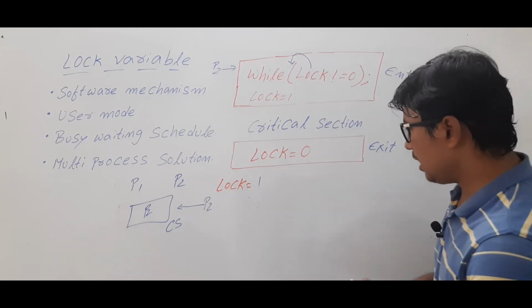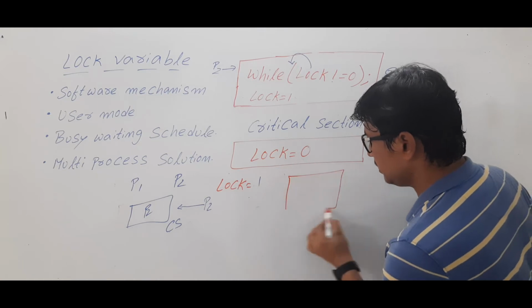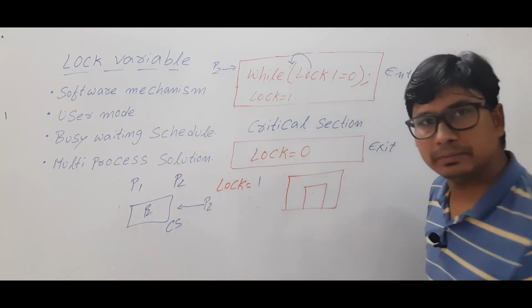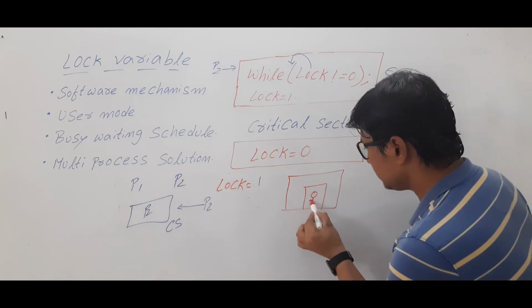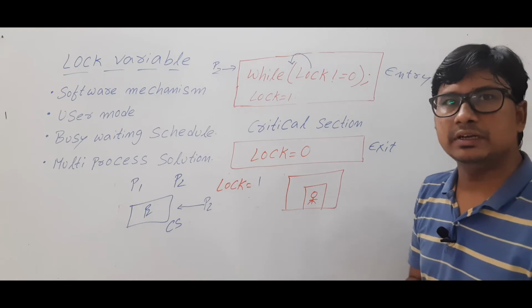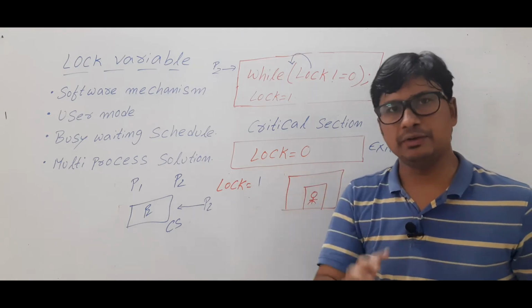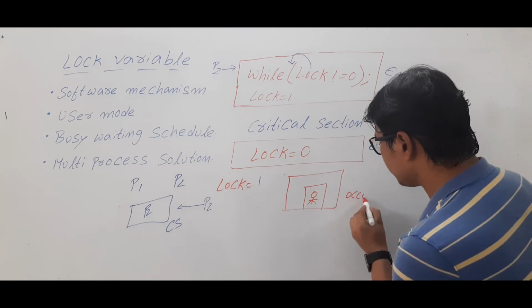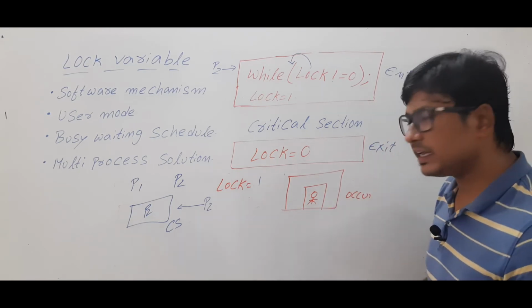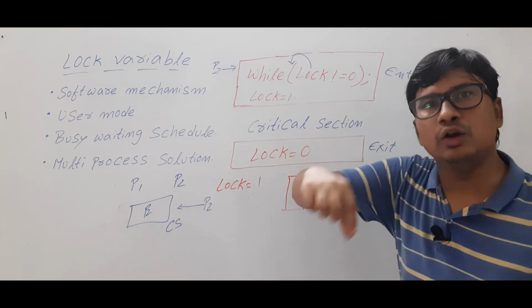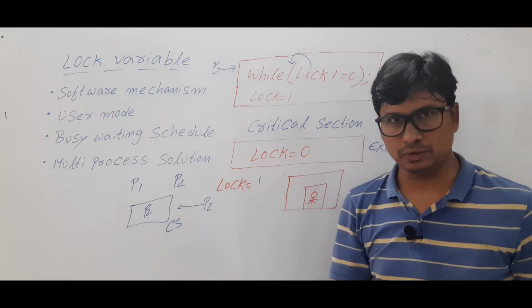Okay, you have a door. On the door you have a small paper. In hotels you can see it, am I right? On the lock they will keep something like busy, occupied and vacant. So they will keep it as occupied or vacant. It is not like a lock, it is like a tag. If I want to enter, if the tag says occupied, I will not enter that room.